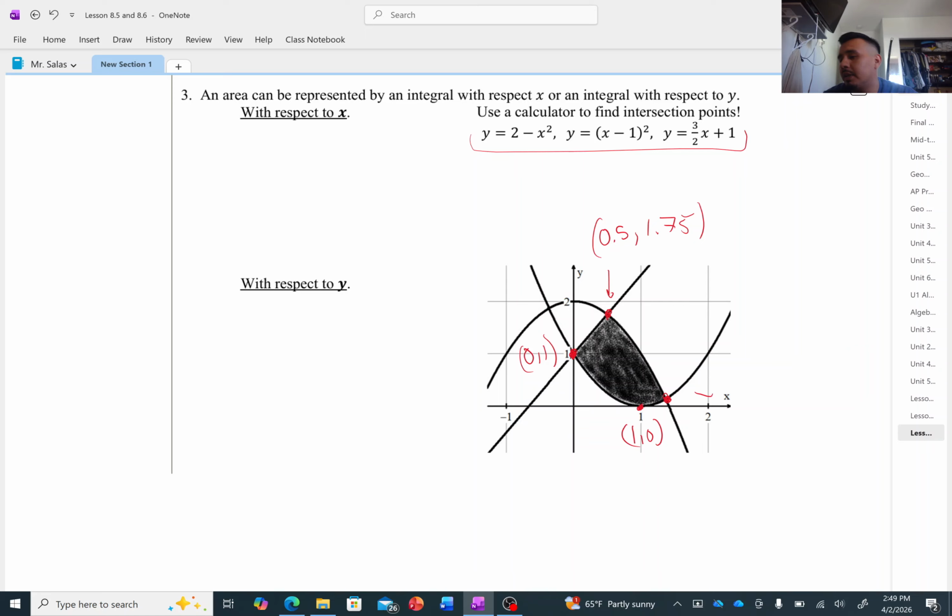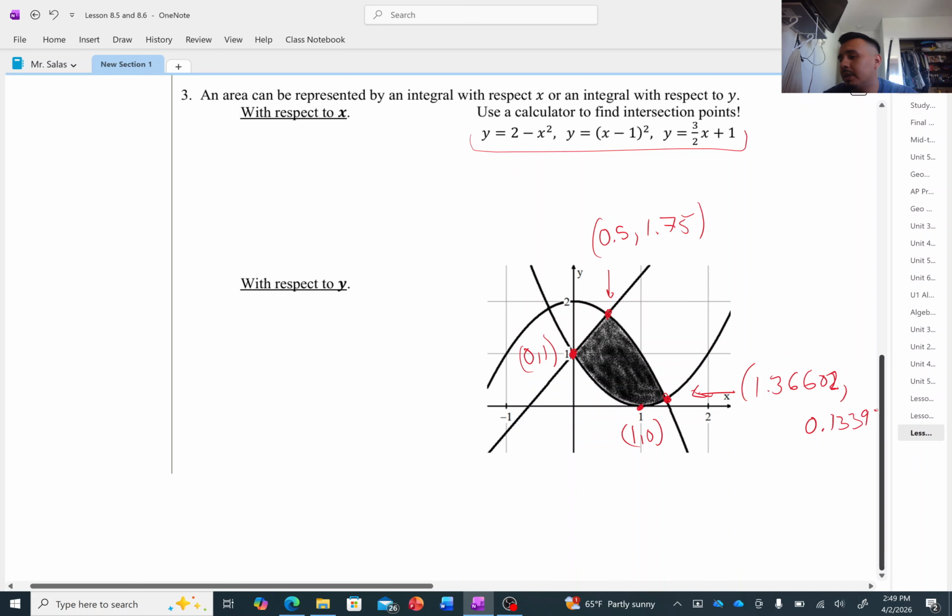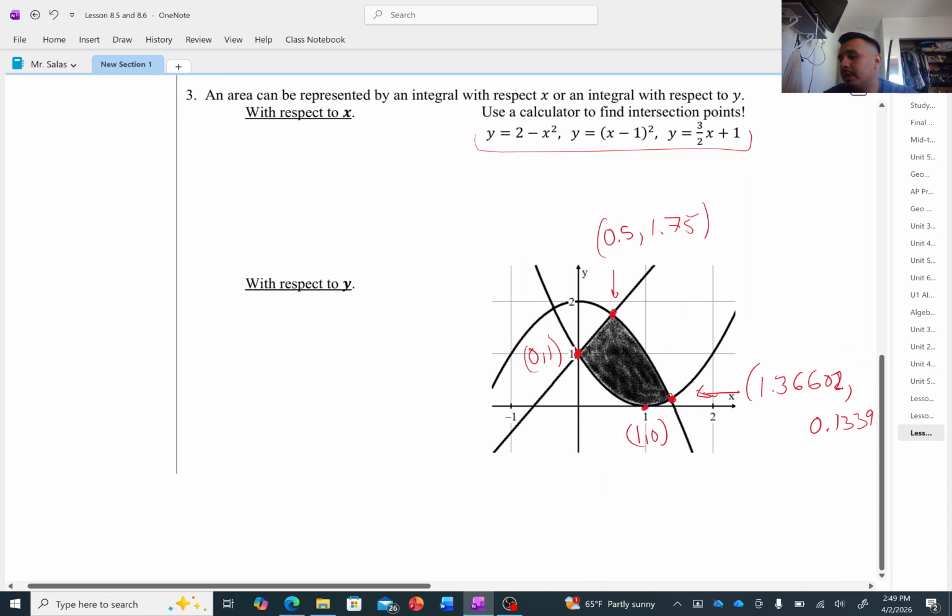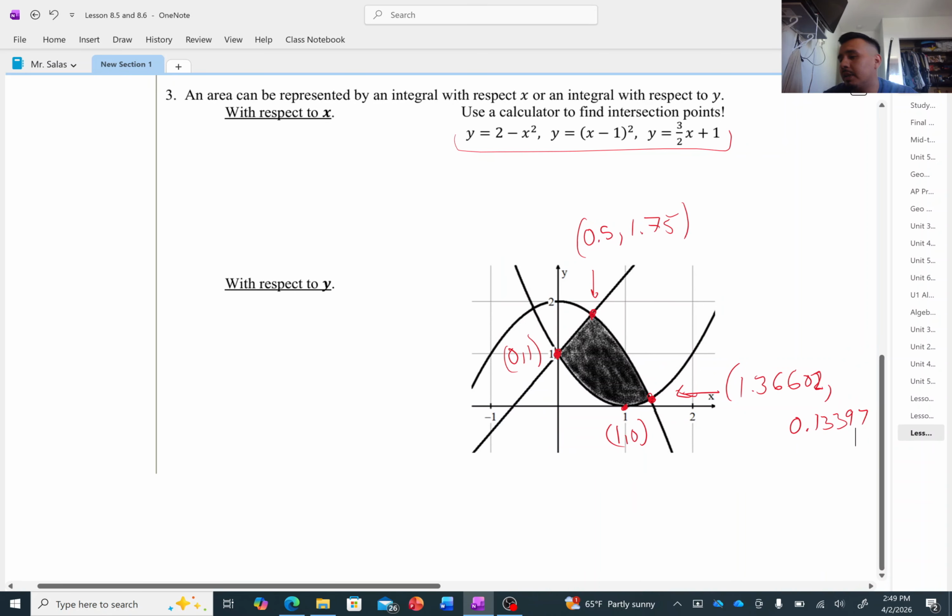And then this next intersection is going to be 1.36602, sorry, 02, 0.13397. Whoops. These values are a bit important, so I need to write all of them. Perfect. 97. Okay. So make sure you keep all these decimal values. These values are all important. So let's just make sure we have those written down.